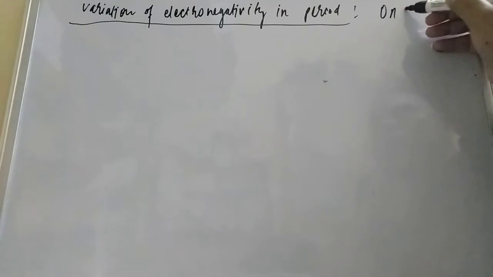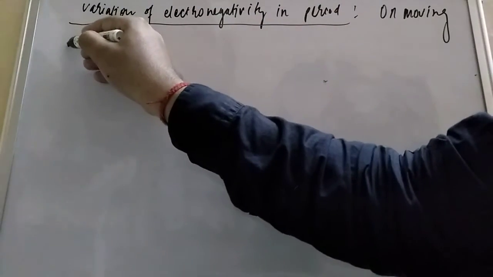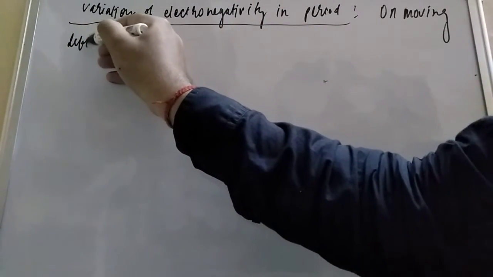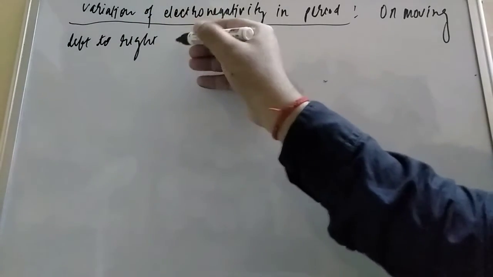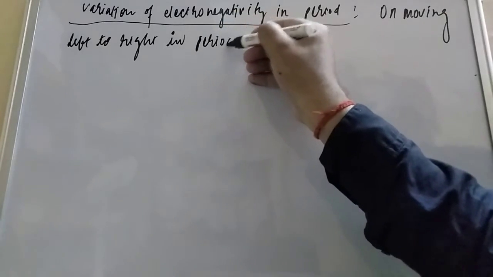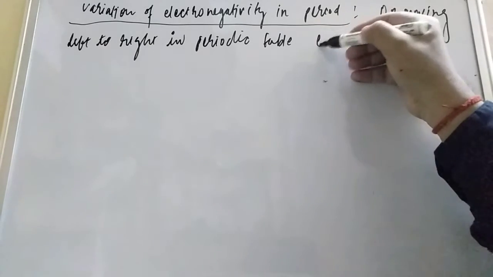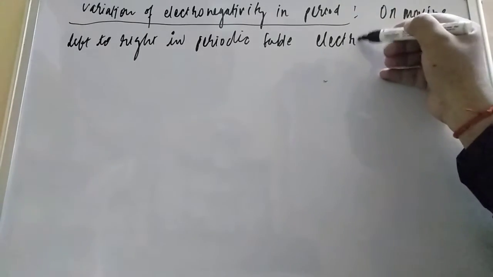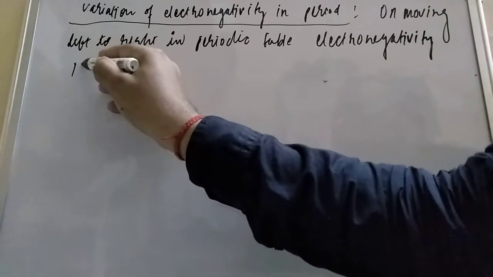So moving left to right in the periodic table, electronegativity increases.